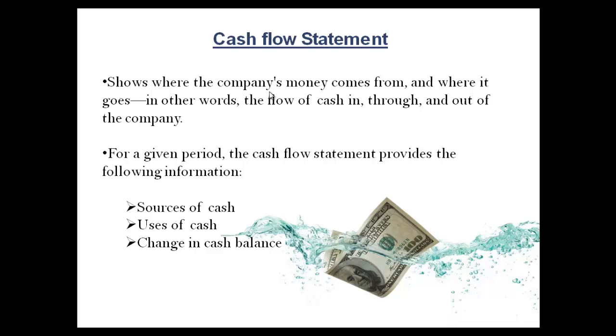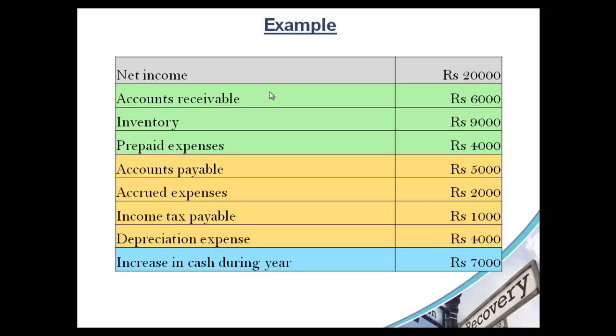Let us now look at a simple example to appreciate the cash flow statement better. The net income is rupees 20,000. In the blocks in green, we have the sources of cash. These are the accounts receivable, inventory, and prepaid expenses. This together amounts to rupees 19,000. In the orange blocks, we have the uses of cash.